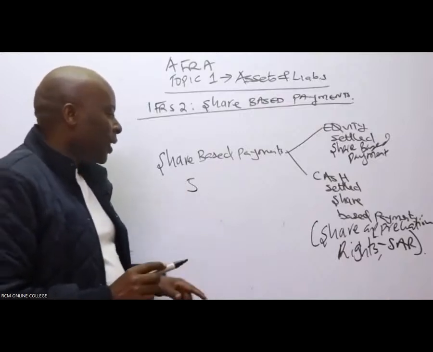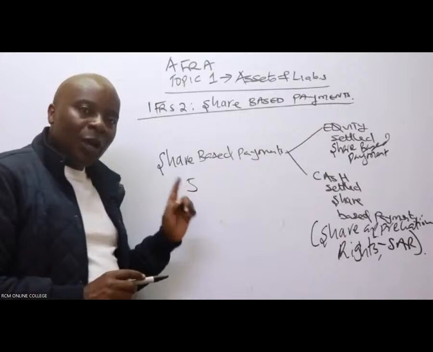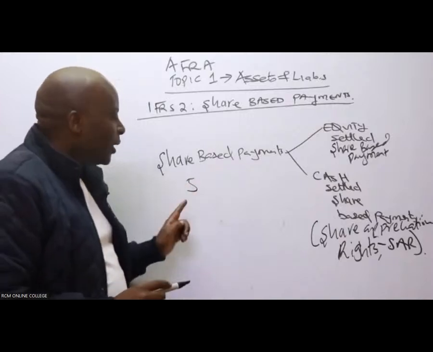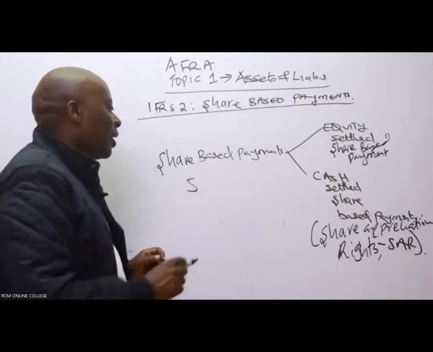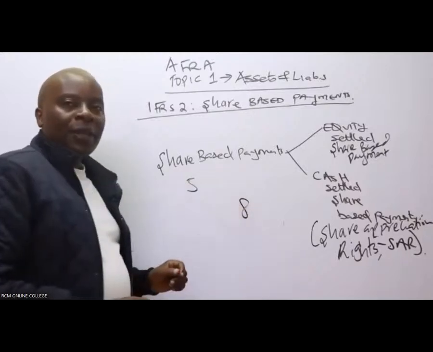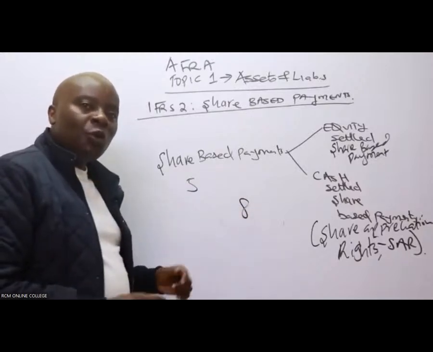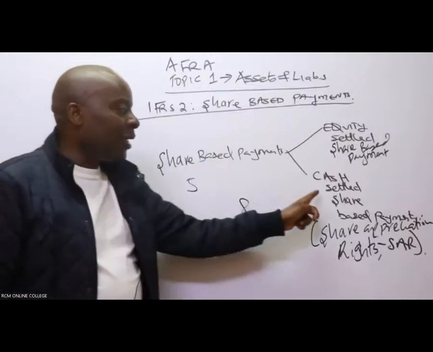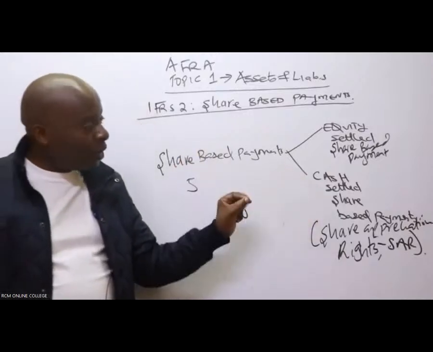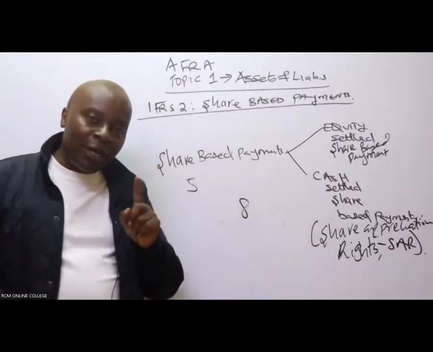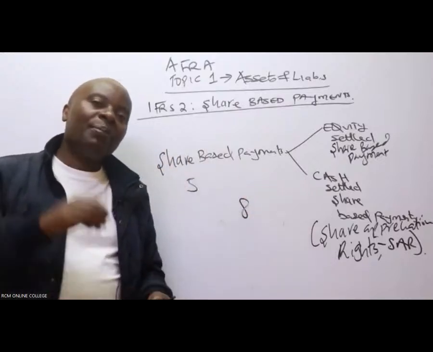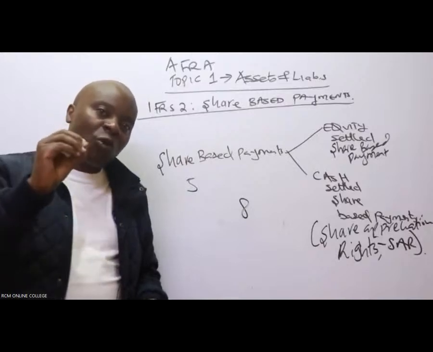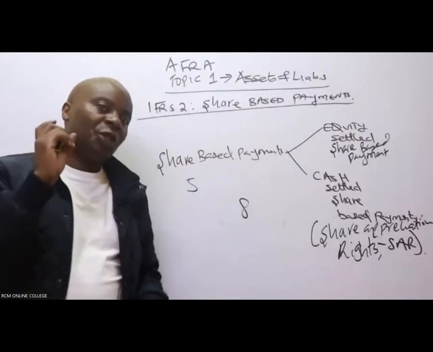Come end of the year, if our share price appreciates, for example, to 8, then we shall give you some bonus. We are not going to give you shares here. We shall give you money. We shall give you bonuses. But this bonus is based on share price, share appreciation.